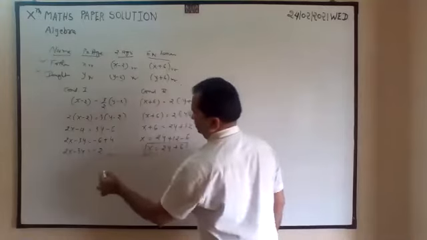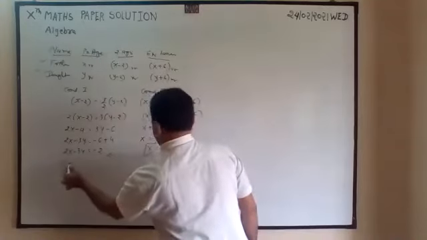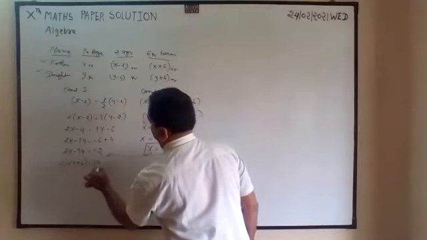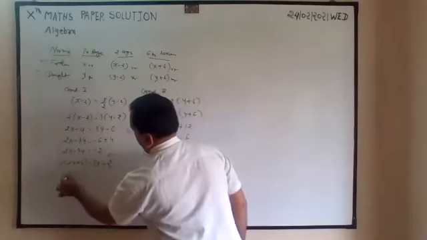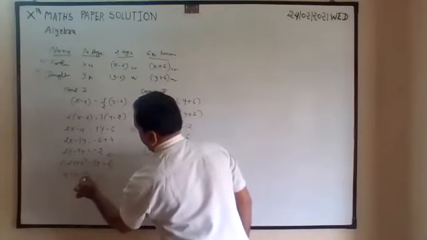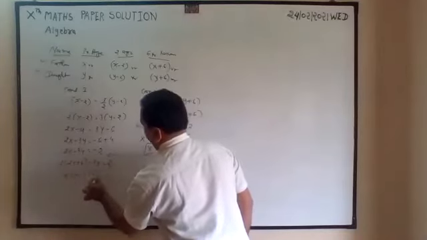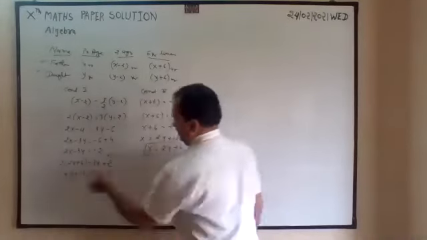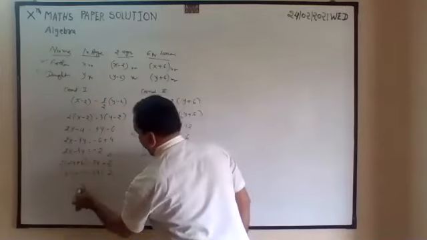Substitute this x here. So 2y plus 6 minus 3y is equal to 2. So 4y plus 12 minus 3y is equal to 2. 4y minus 3y, only y.